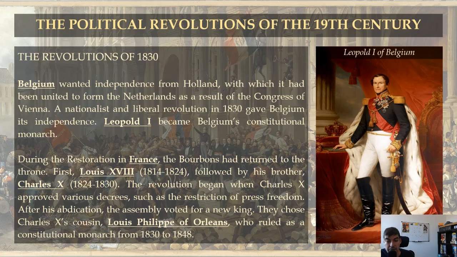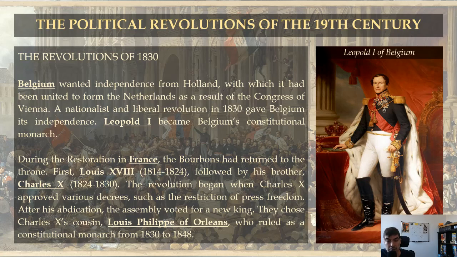And in France, we have to know first what happened after the Restoration. After the Congress of Vienna, the Bourbons returned to the throne, first in the person of Louis XVIII, who was the brother of Louis XVI, the king of the French Revolution. And after him, since he had no children, Charles X rose to the throne.